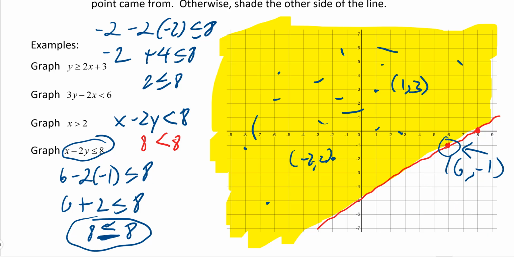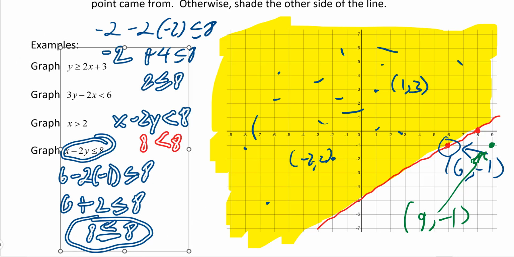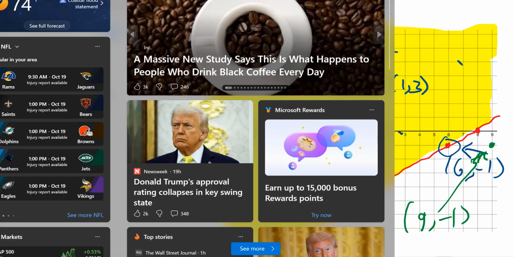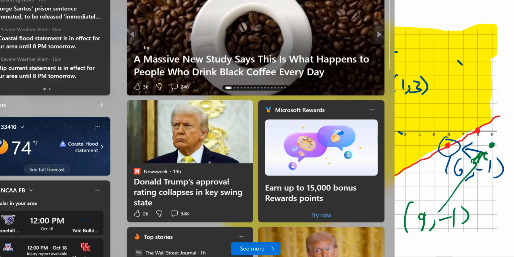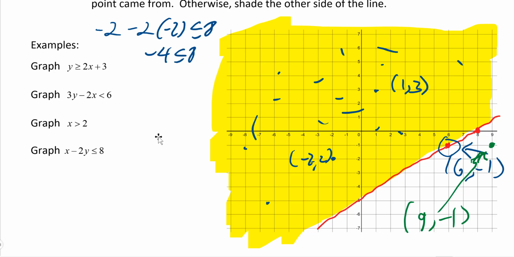If you pick any random point there, you'll see it doesn't work. For instance, here's the point 9, -1. The ones that are not in the shaded area are not supposed to work. Let's plug that into our inequality.